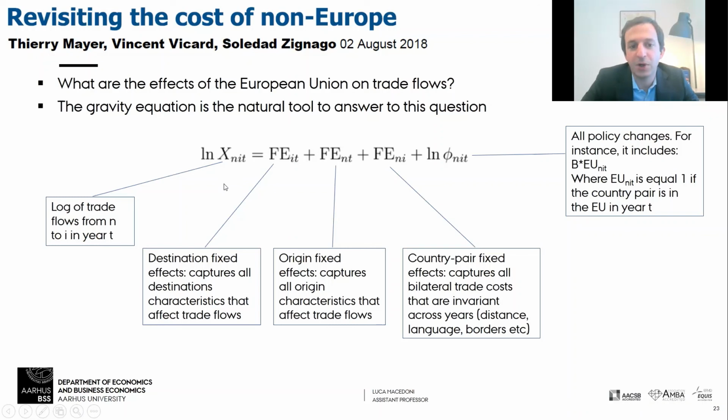So basically here we're comparing the trade flows between a country pair that switches its European Union status versus a country pair that doesn't, controlling for everything that's invariant between the country pairs and everything that is happening in each country in each year. So this is a very robust way of studying these sort of things.